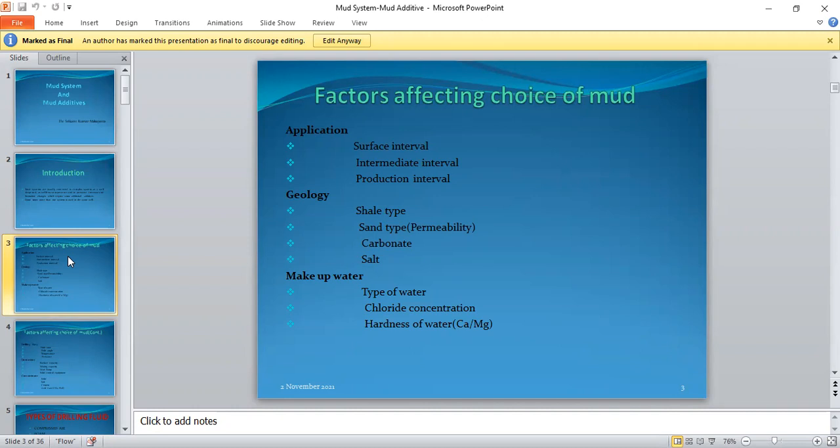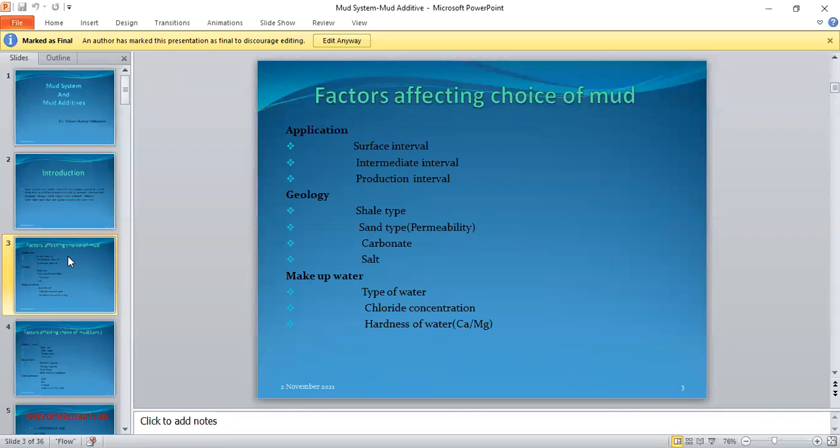Having in mind that shale and water don't go well. Shale can easily absorb water, swell, and cause problems. In those kinds of situations, you may want to use OBM. Since shale does not react with oil, you may decide to use OBM.